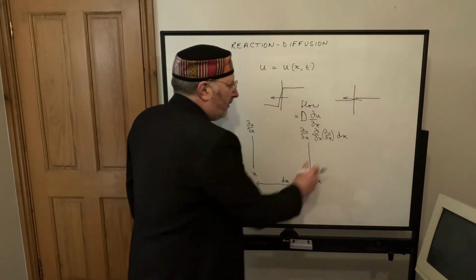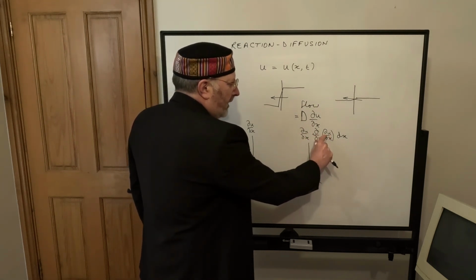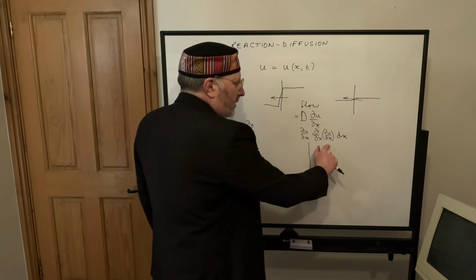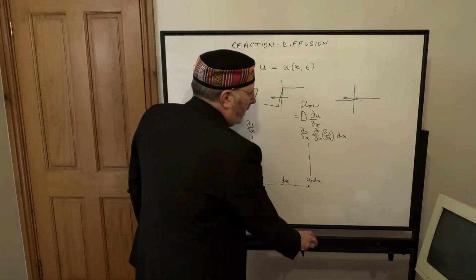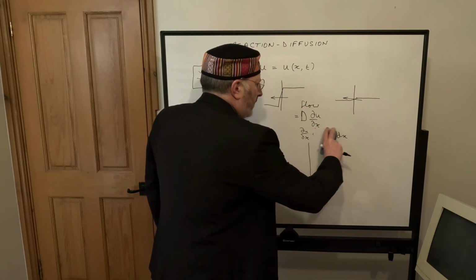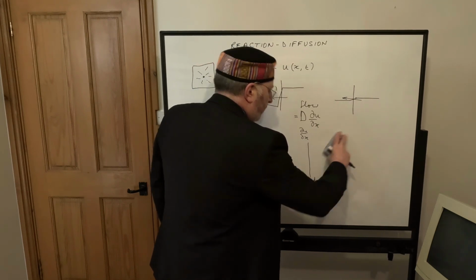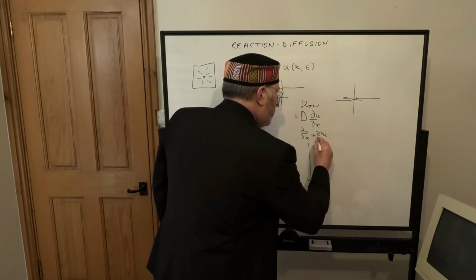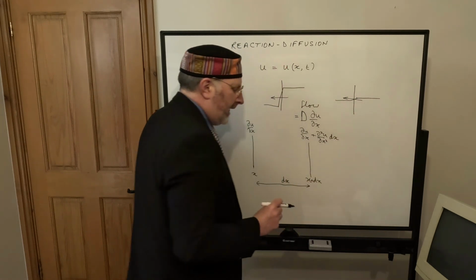So it's the rate at which the concentration gradient is changing multiplied by the distance over which the change has occurred, dx, to give the net change. And then this d by dx of du by dx we can just write as a second derivative. So it becomes plus d2u by dx squared times dx.